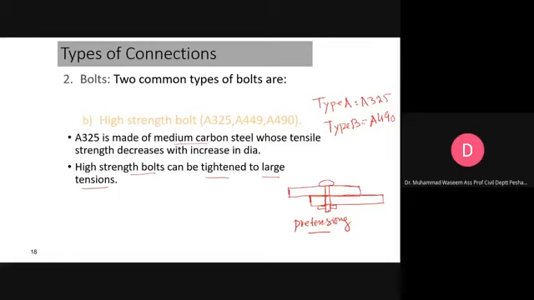We do it with the help of torque. We apply a certain torque to tension, or pre-tension, the bolt. So what will happen is that it will apply a clamping force.